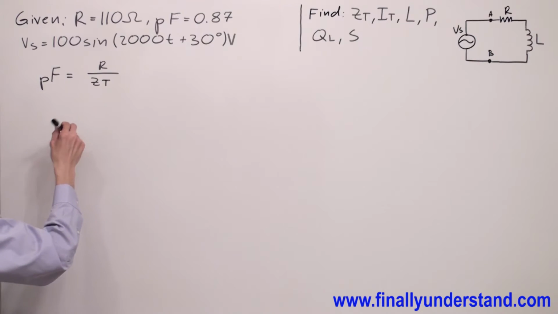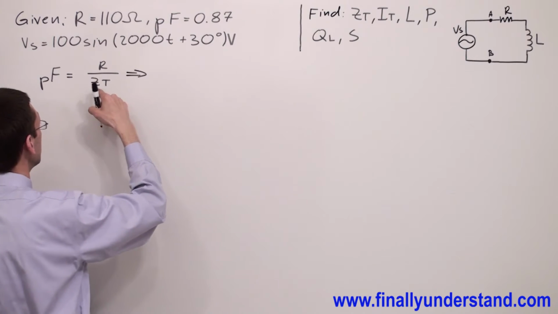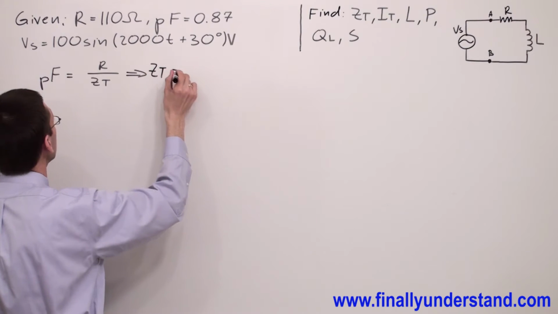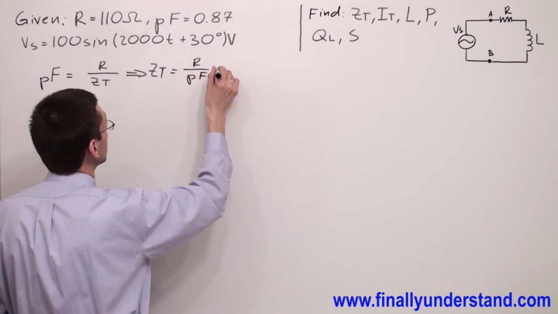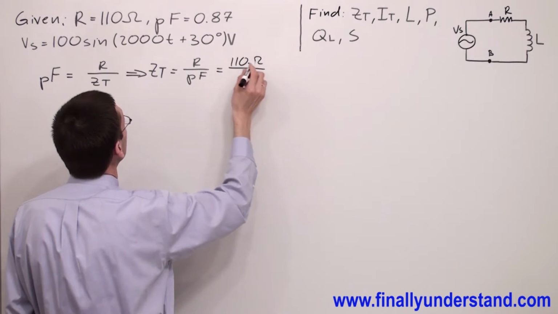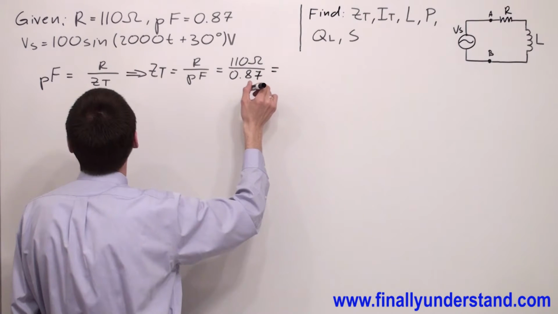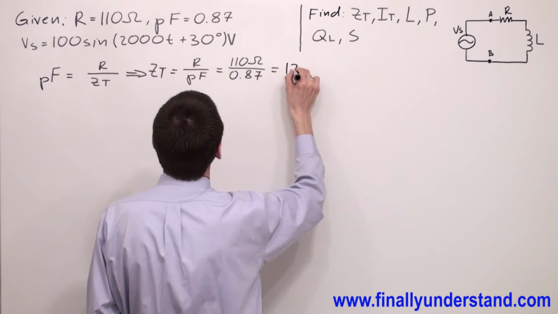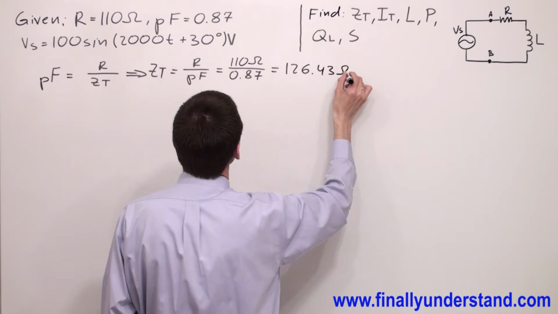So, in order to find Z total, I'm supposed to simply just rearrange this formula and solve it for Z total. So I have Z total equals R over power factor, where R is equal 110 ohms over power factor 0.87, which is equal 126.43 ohms.